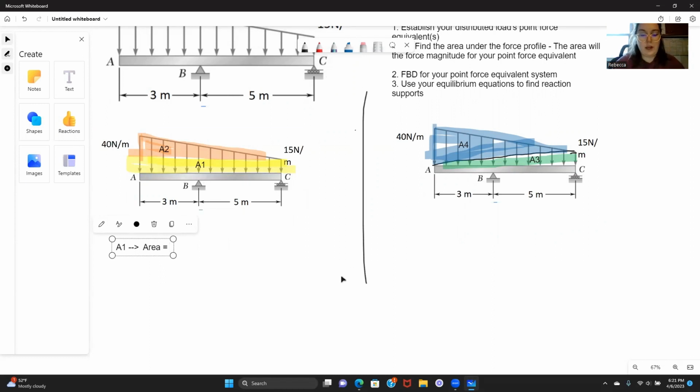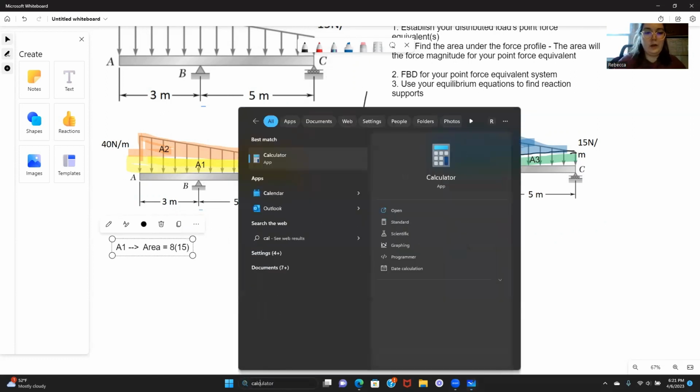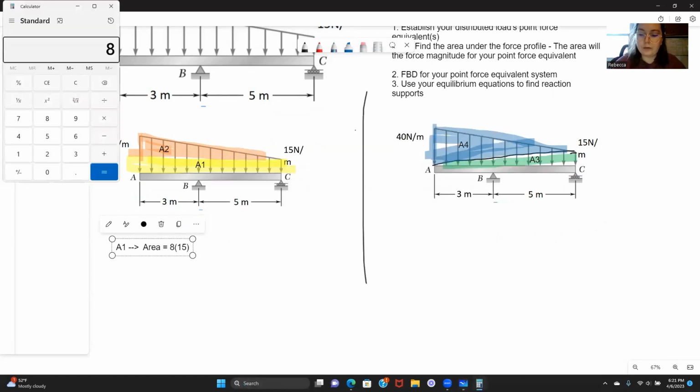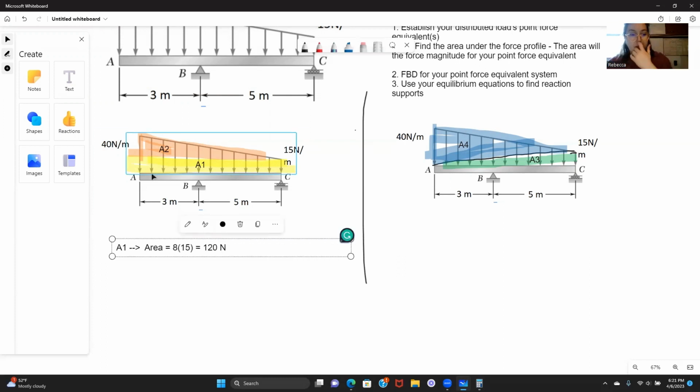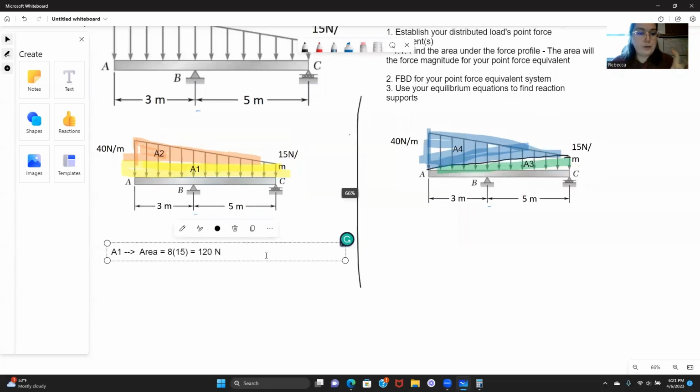I'm seeing a base of 8 meters times a height of 15 newtons per meter. Newtons per meter times meter is going to give us a final answer of newtons. 120 newtons. So if we wanted to represent this bottom rectangle A1 with a point force, that point force is going to have a 120 newton magnitude, based on conceptualizing that profile as an area, right?